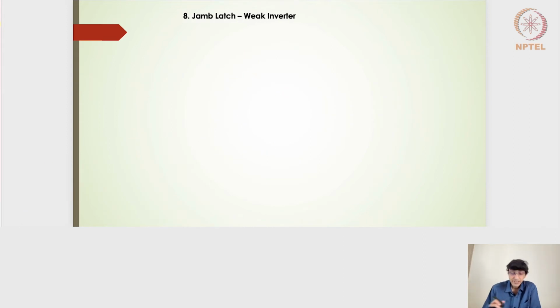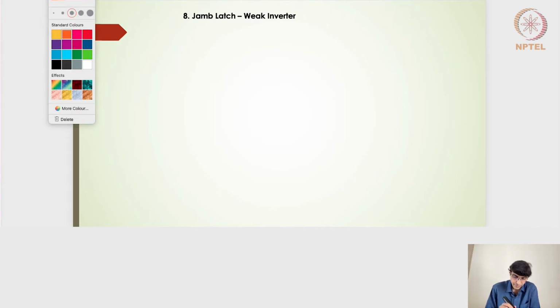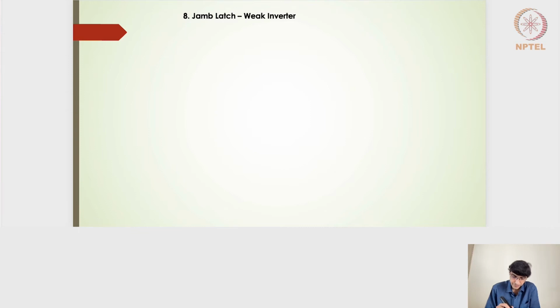So let's have a look at it in more detail. So what I mean: I have this inverter. Let's draw everything at the transistor level.